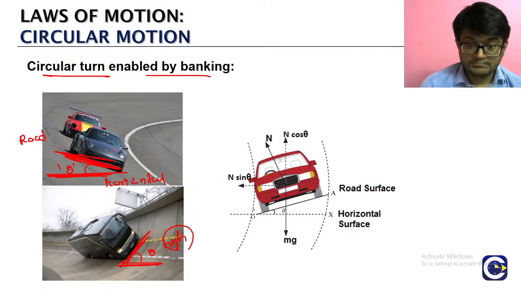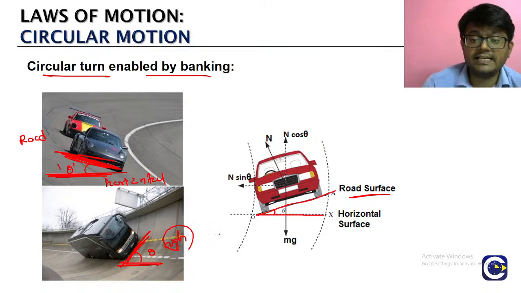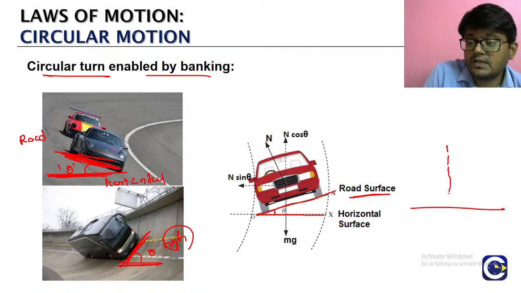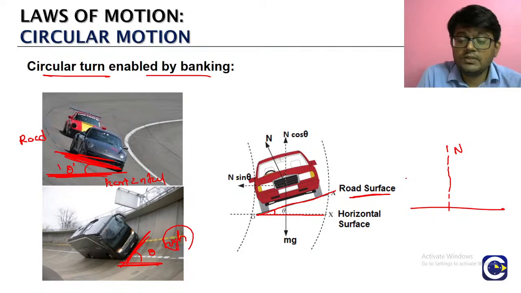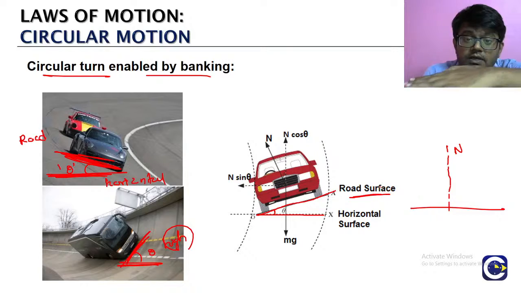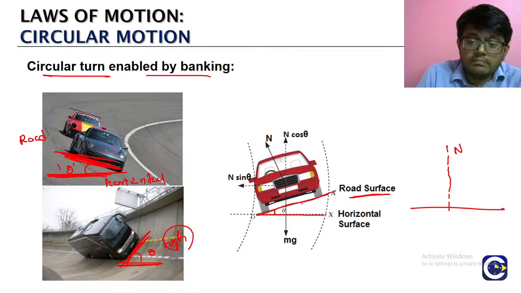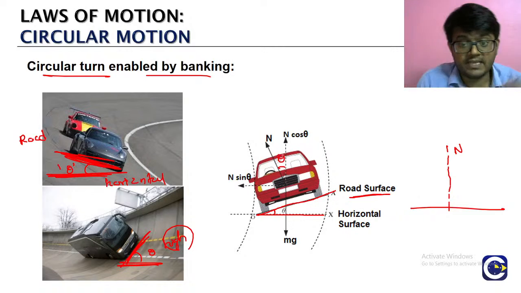So if you look at this, this is what we have, the road surface. You can see this is elevated. This is the normal horizontal. This angle is theta. Perpendicular to it is the normal reaction. If you tilt the road by angle theta, normal reaction also will be tilted by the same angle theta.